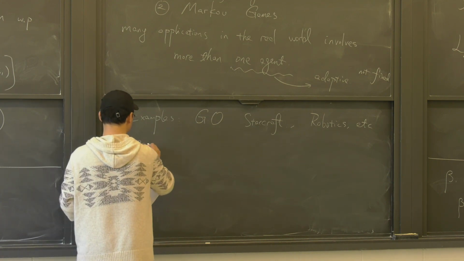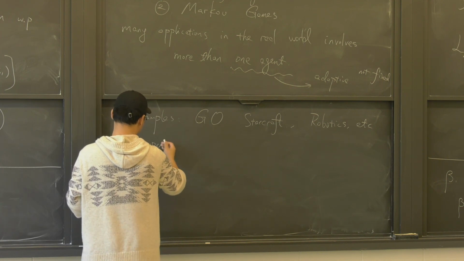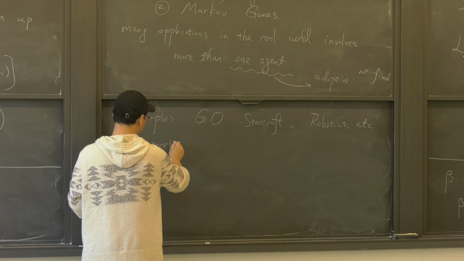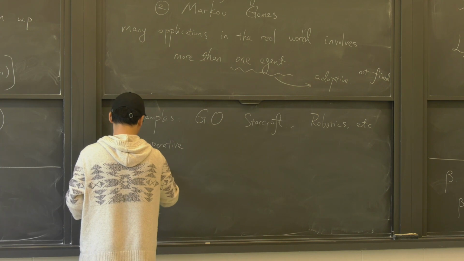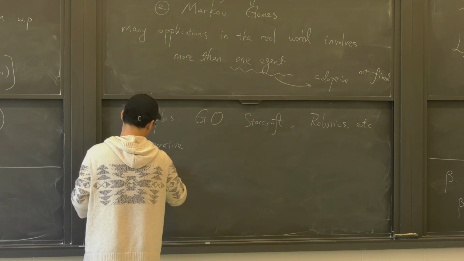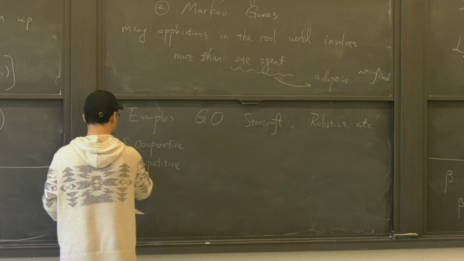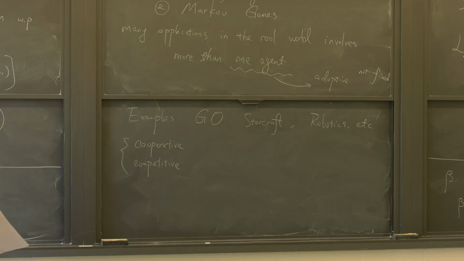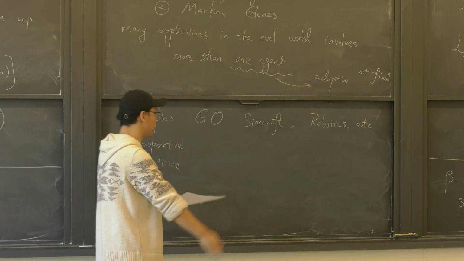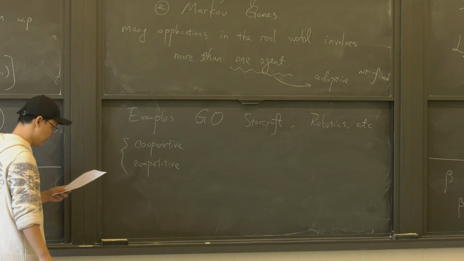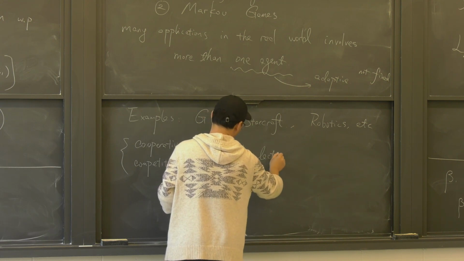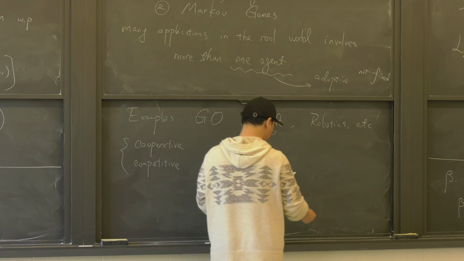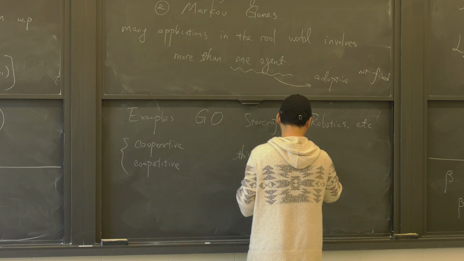There are cooperative settings, where all the agents try to achieve the same goal, but there are also competitive settings, like StarCraft, where two players just want to compete and win the game, like Go and StarCraft, all competitive games. So in this lecture, we will first focus on the purely competitive setting.